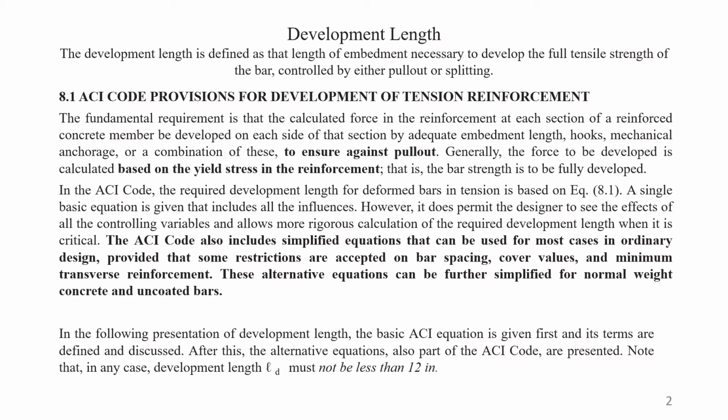If we apply a bigger force, then the bar will tear off instead of coming out. That means the bond capacity is more than the actual tensile or compressive force capacity of the bar.